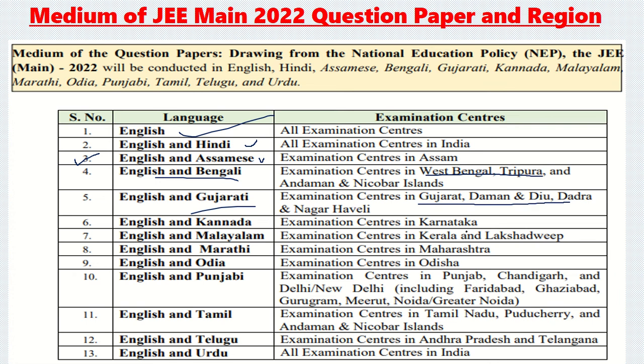Then Kannada, centers that fall in Karnataka will have the medium of question paper as English and Kannada. Then English and Malayalam for all the examination centers in Kerala and Lakshadweep, then English and Marathi for all the examination centers in Maharashtra, English and Odia for all the examination centers in Odisha, then English and Punjabi for all the examination centers in Punjab, Chandigarh, then in Delhi, New Delhi, including Faridabad, Ghaziabad, Gurugram, Meerut, Noida, Greater Noida.